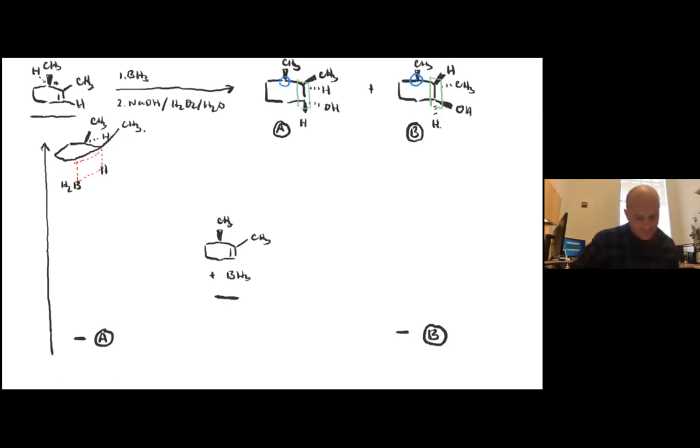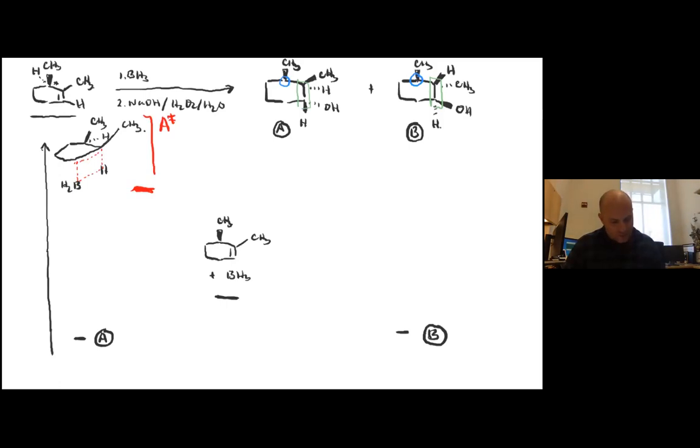All right, yeah, so let me just draw that. So the boron's coming in from the bottom face. That leads to the hydride on the bottom, and then ultimately the hydroxyl group on the bottom. And so this is, we'll call this A double dagger, okay? And there's some energy associated with it.